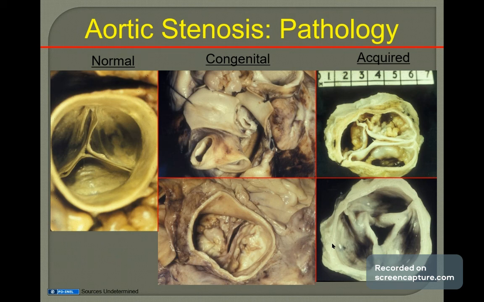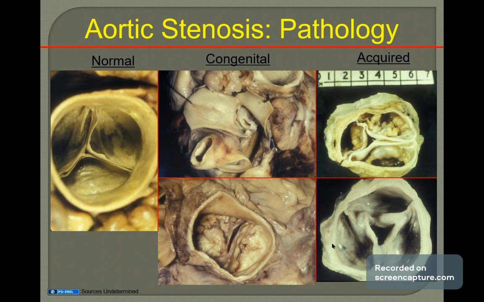It may be congenital, it may be inherited, it may be from an infectious process like rheumatic fever, or some other infections, possibly viral, which can cause this stenosis, and degenerative processes, which is called sclerosis. These are the main causes of aortic stenosis.